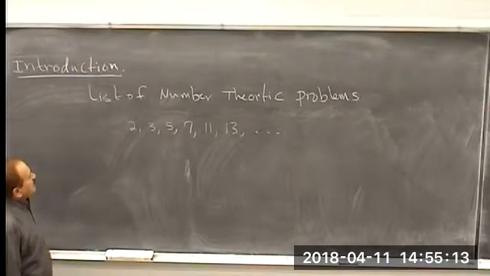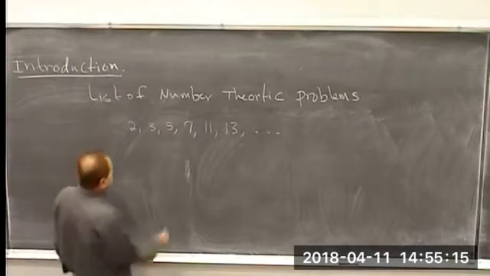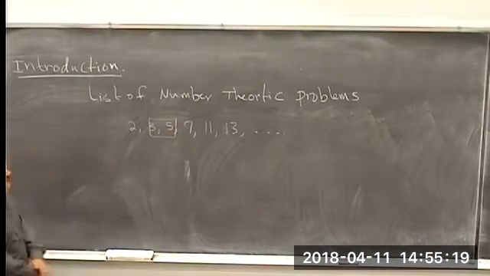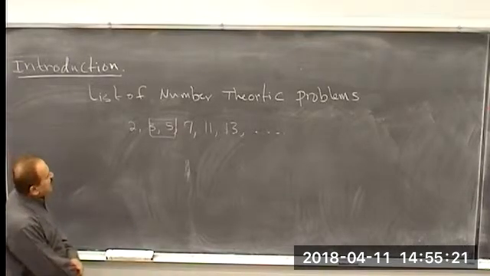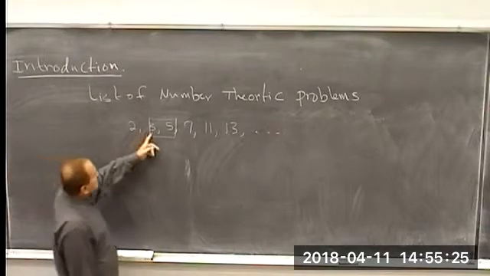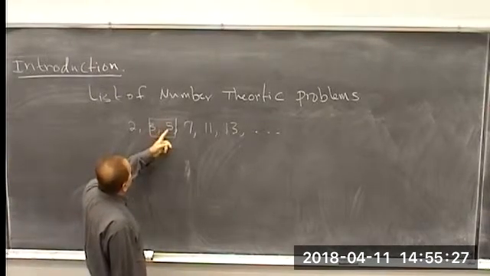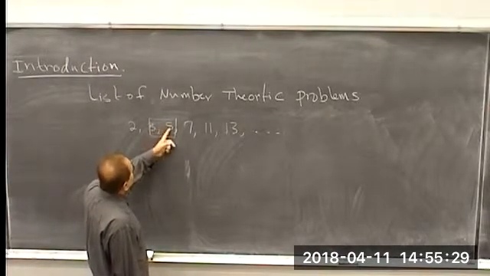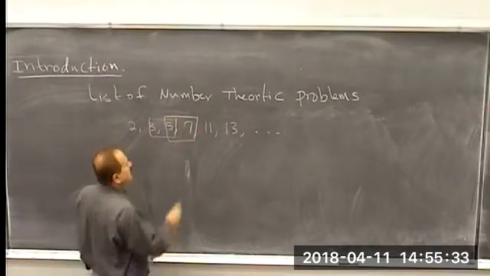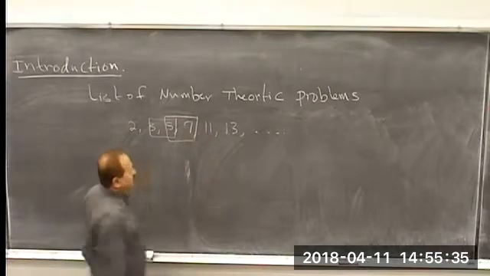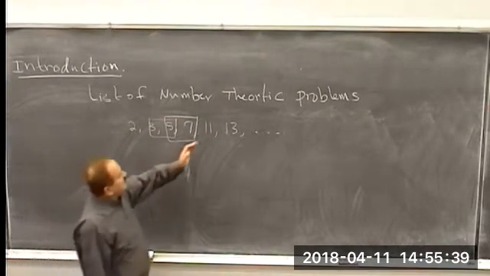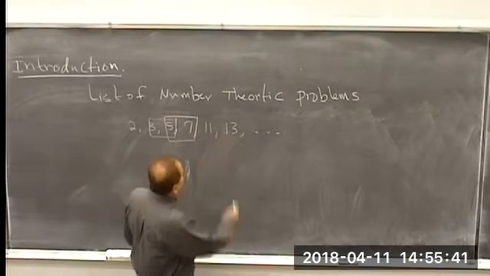Now, sometimes you see these two are primes, and they are consecutive odds. 3, the next consecutive odd number after 3 is 5. From 7 to 11, no, they are not consecutive odds. 11, 13, yes, these are.